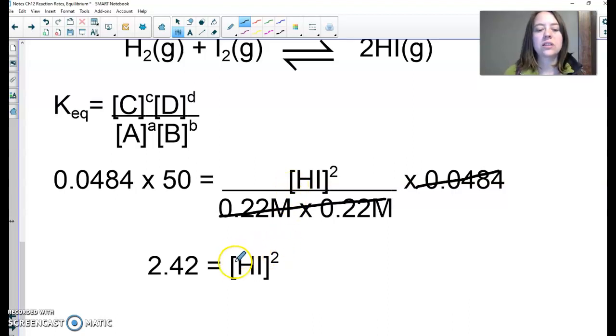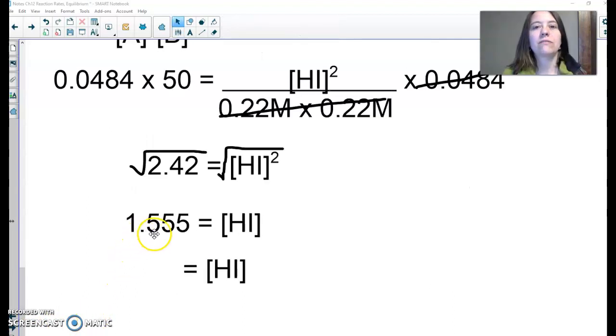And we know to get the concentration of hydrogen iodide by itself, we're going to have to take the square root, ooh, that's rough, of 2.42. And then we get 1.555 equals the concentration of hydrogen iodide.